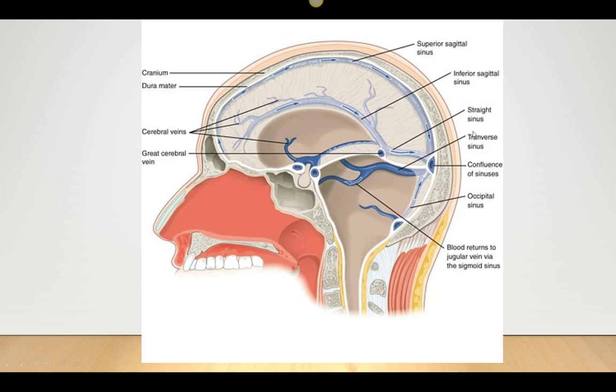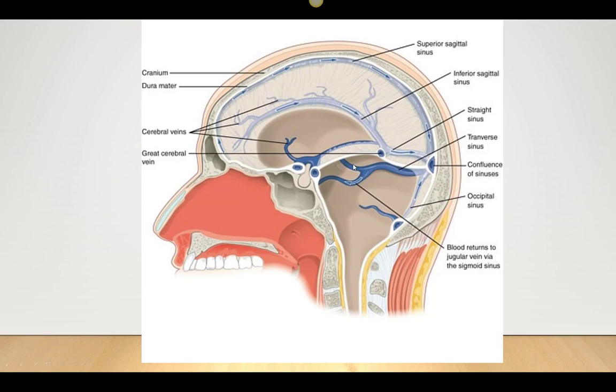Now this transverse sinus then continues as this S shape that we call the sigmoid sinus. When it gets here, then it goes down toward the jugular foramen and passes through that and becomes the internal jugular vein that goes down alongside the neck and then joins the subclavian vein and becomes the brachiocephalic vein on each side, right?